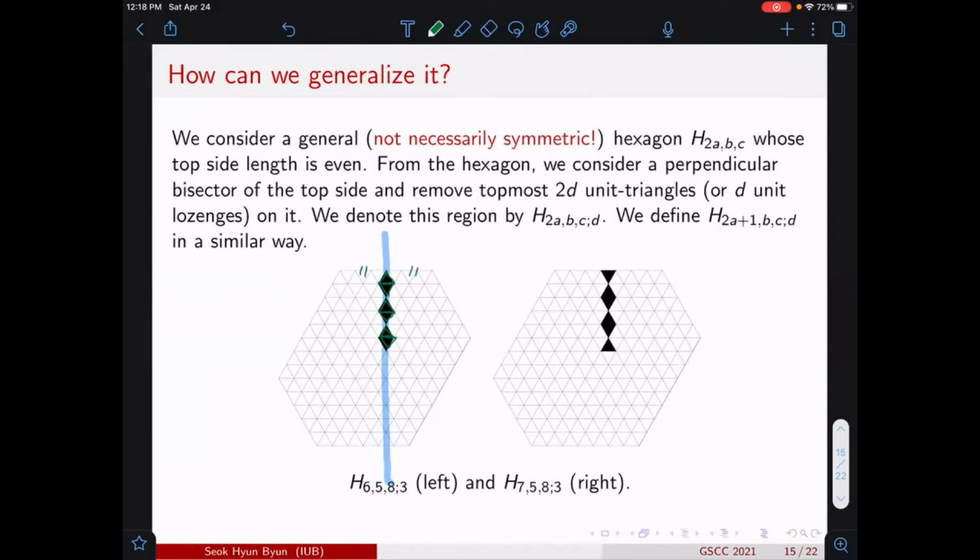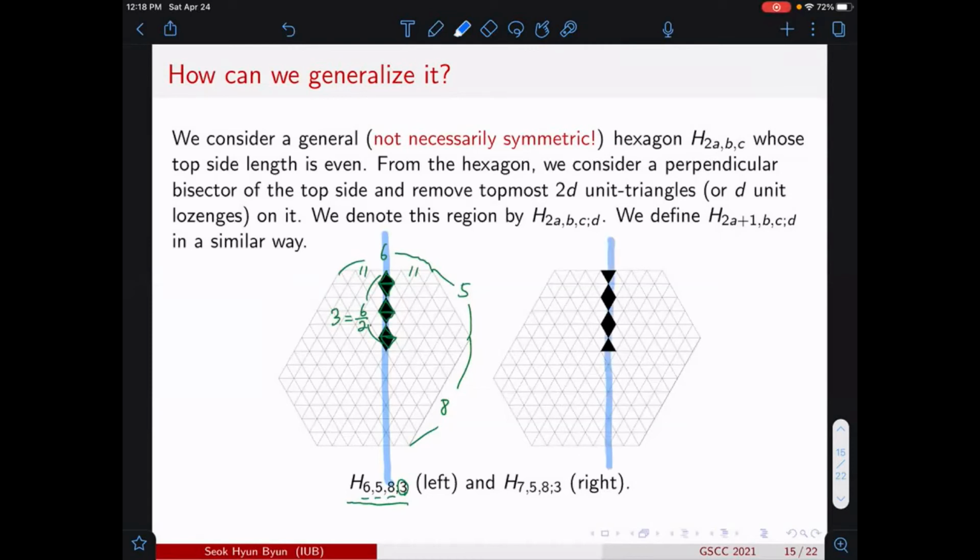So this side length is 6, this side length is 5, this side length is 8, and I remove 6 of them, and 6 over 2 is equal to 3. So the region on the left is denoted by H sub 6,5,8; 3. The first 3 numbers represent the lengths of the hexagon, and the last number represents half of the number of unit triangles that I have removed. But the same idea can be applied when the side length of the top is odd.